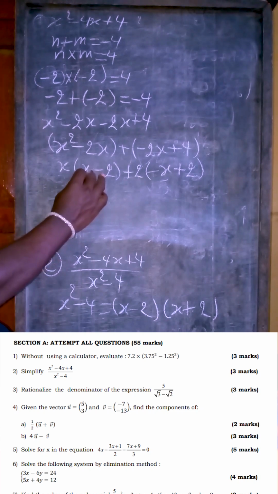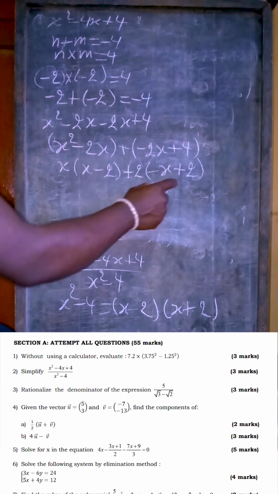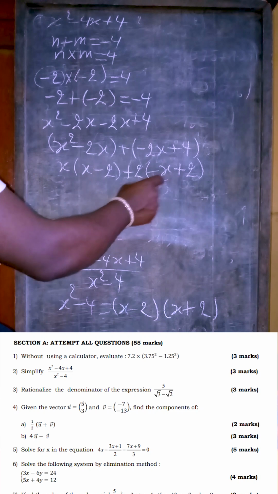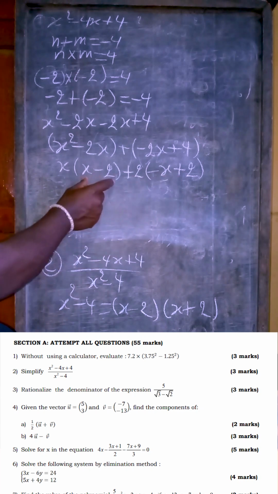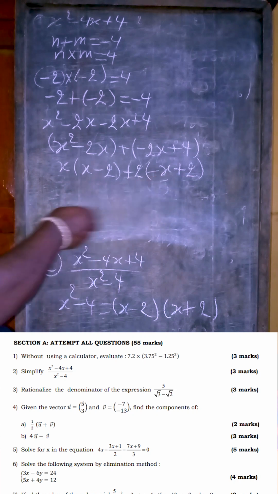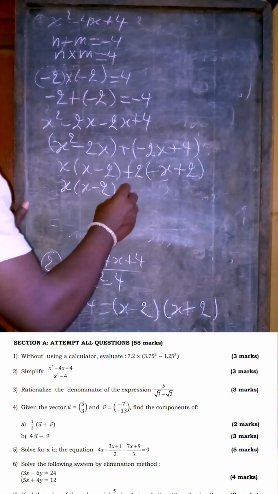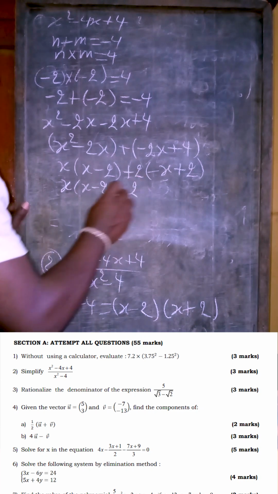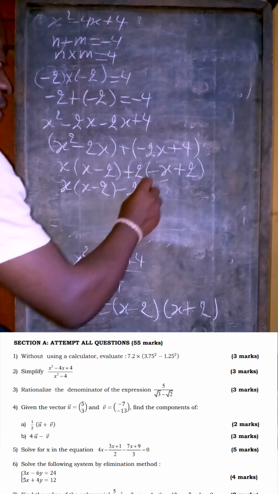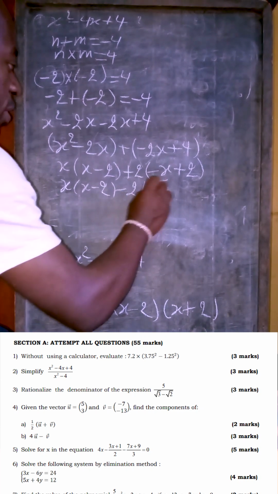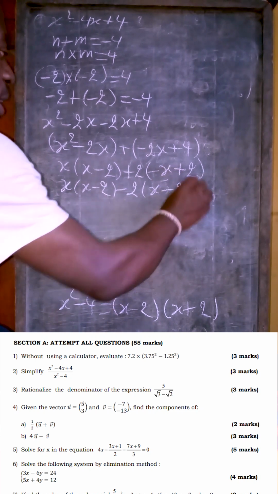Then at this step we have to check if we can put some sign outside so as to get the factor which is the same as this. We can put minus outside. It becomes x minus 2, minus the outside, here minus 2 becomes plus x, then minus 2.